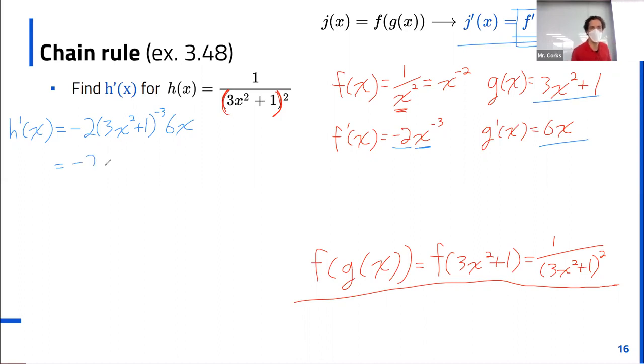So this is -2 over 3x squared plus 1 cubed times 6x. Okay, so -12x on the top.